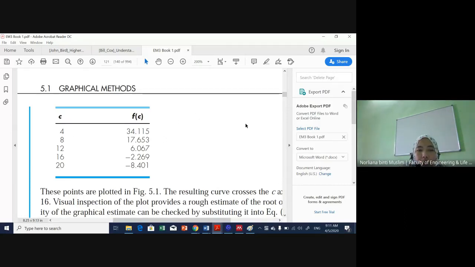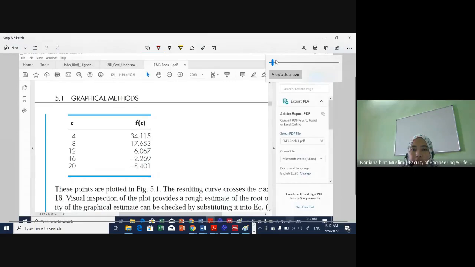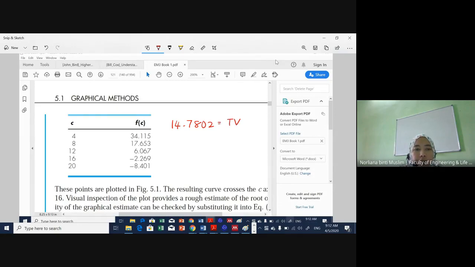The true value is 14.7802. So you can check that the true value 14.78 lies between these two. 14 is between 12 and 16.